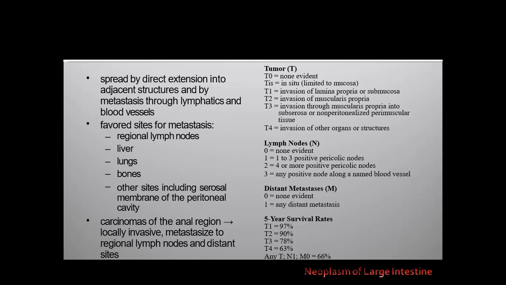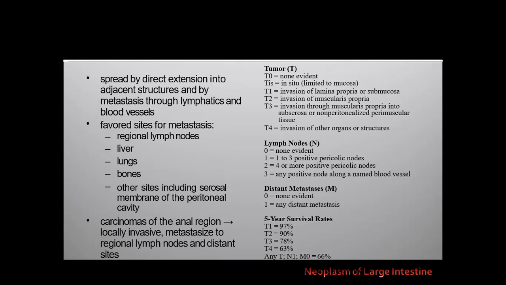For lymph nodes, N0 means no evidence, and N1 is when 1 to 3 positive pericolic lymph nodes are present, and N2 is 4 or more positive pericolic lymph nodes, and N3 is any positive node along the named blood vessels. M0 means there is no distant metastasis, and M1 is distant metastasis.